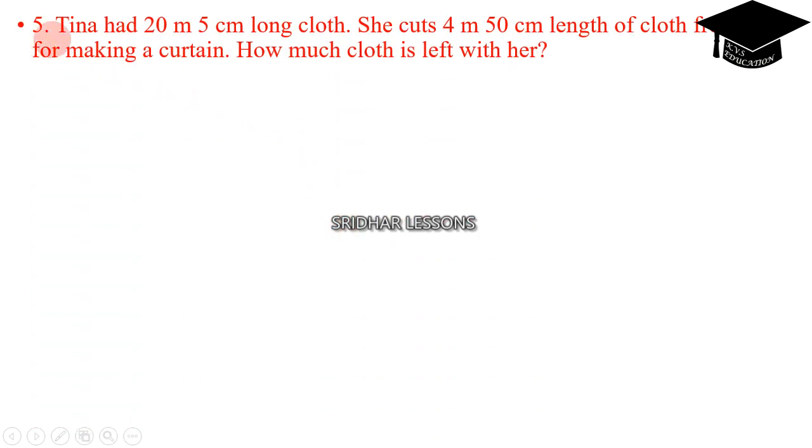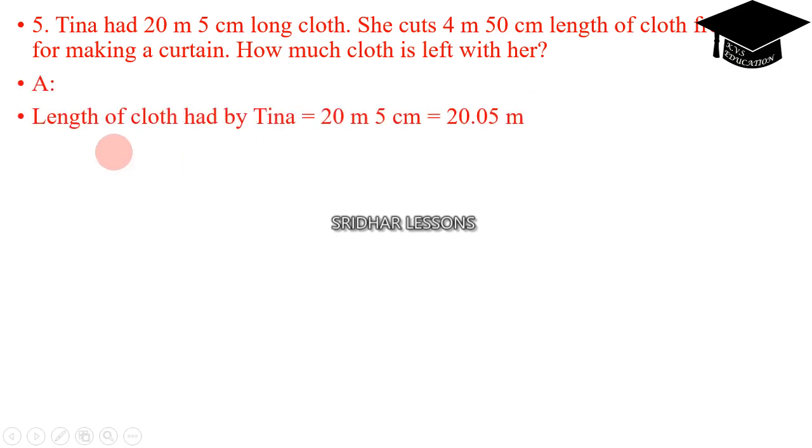Question number 5. Tina had 20 meters 5 centimeters long cloth. She cuts 4 meters 50 centimeters length of cloth from this for making a curtain. Okay. How much cloth is left here? See, length of the cloth had by Tina is equal to 20 meters 5 centimeters.